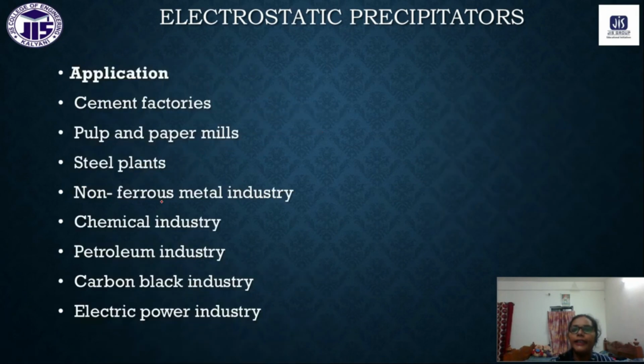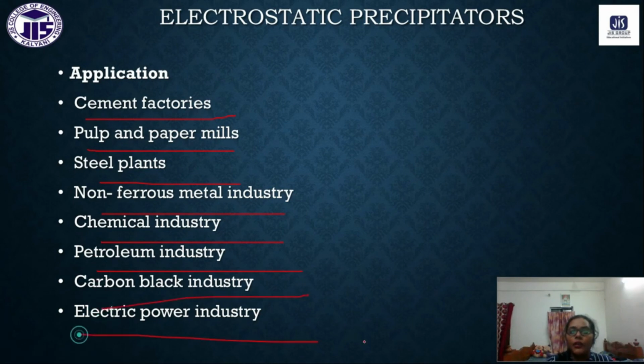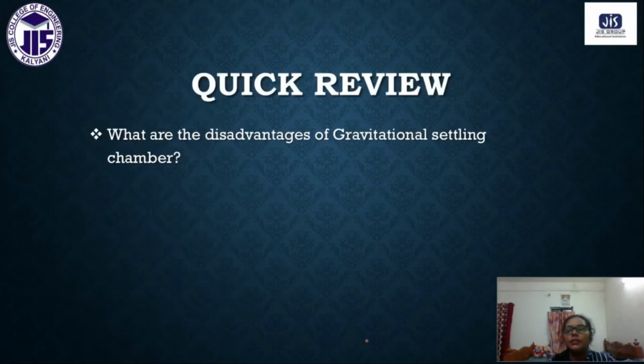Where are we generally using it? In cement factories, pulp and paper mills, steel plants, non-ferrous metal industry, chemical industry, petroleum industry, carbon black industry or electric power industry. All these industries use the electrostatic precipitator to clean the air they emit from the industry. Okay, so this is all about today's topic.